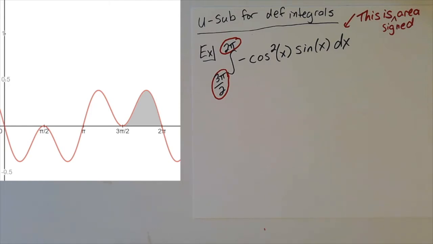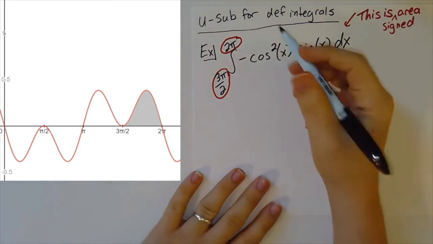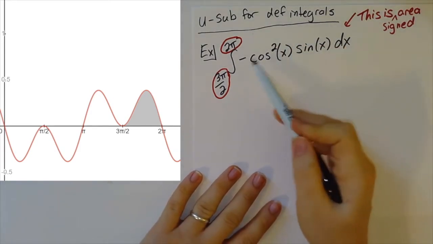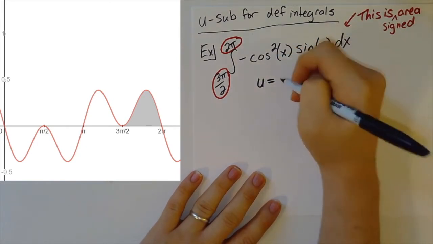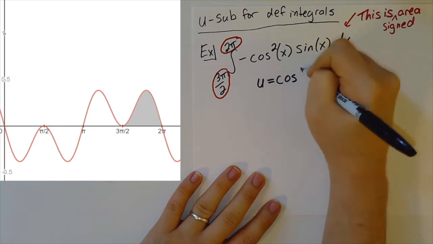So I want to think about what's happening when we do u-substitution here. I have to decide on what my u is going to be. I notice this cosine is sitting inside a square, so I'm going to let u be cosine of x.